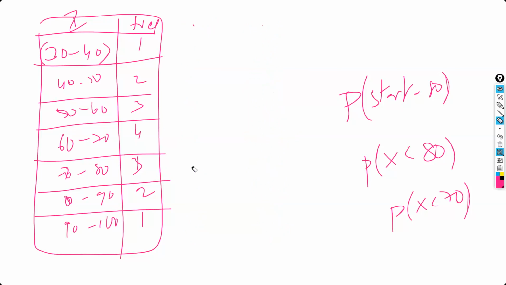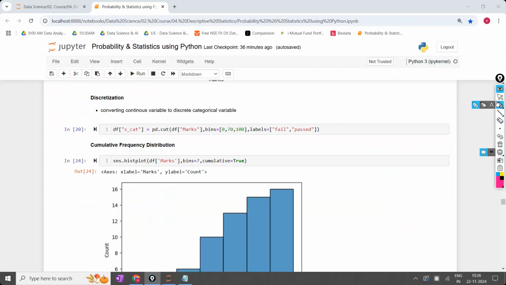From starting to 70, what is the total number of records divided by the total number of records? How many records satisfy your condition, that is starting to 70, divided by the total number of records. Same. Just you have created it as a column. One more extra column you have created: cumulative probability and cumulative frequency. So whenever they ask for less than, this is cumulative.